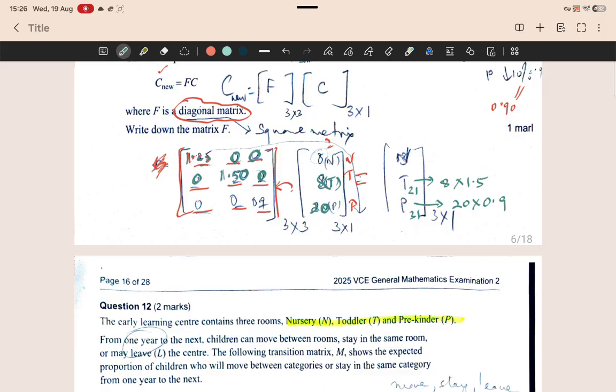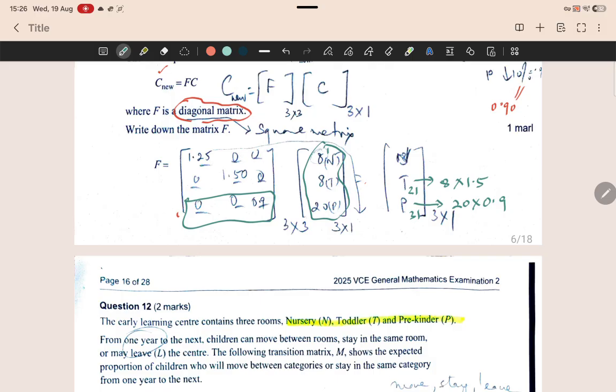So the third row is this one, and the first column is this one. Now in the third row, when I multiply, I want 20 times 0.9, which means this position times this position should be equal to 20 times 0.9.